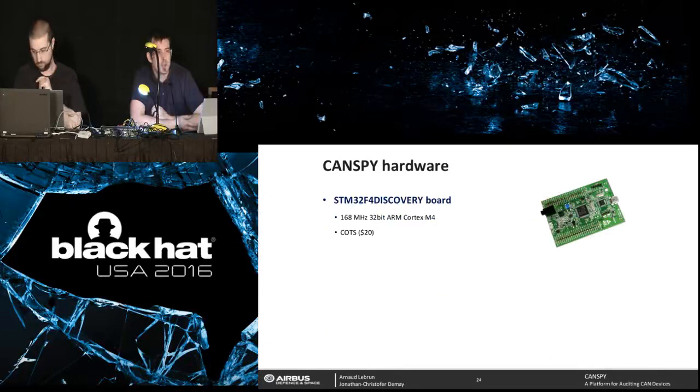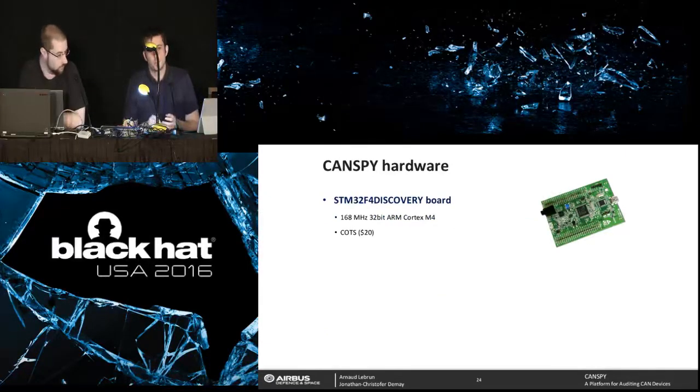So about CANSpy hardware, our main goal was to use as far as possible off-the-shelf components, and cheap ones, of course. Why off-the-shelf components? To avoid you or anyone who wants to use our tool to have to do complex soldering, which requires tools and knowledge. So our baseline is an STM32 microcontroller with a discovery kit that is less than $20, and you can find it on every provider such as Mouser or DigiKey.